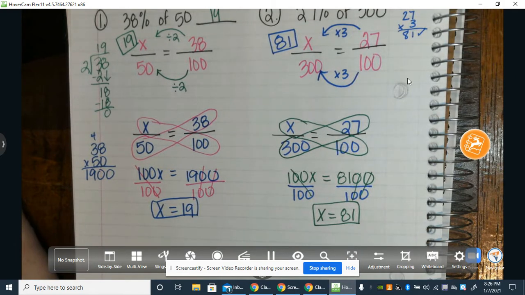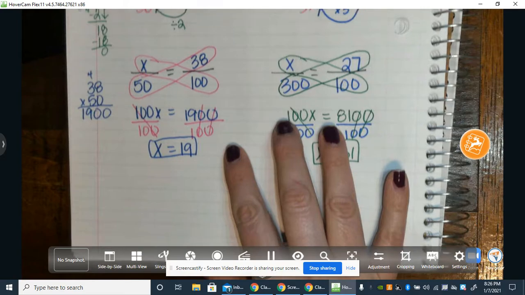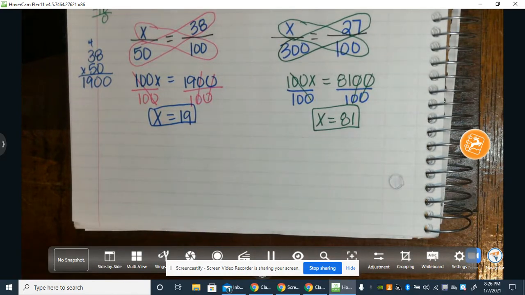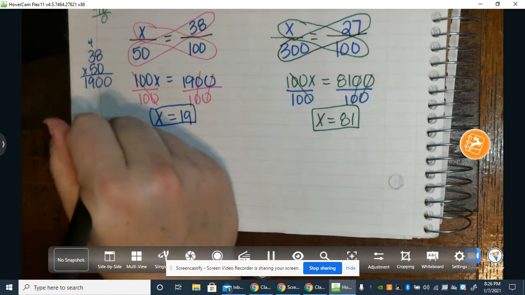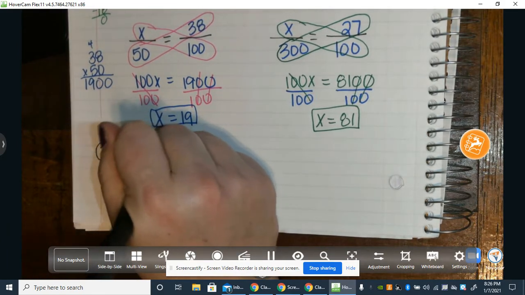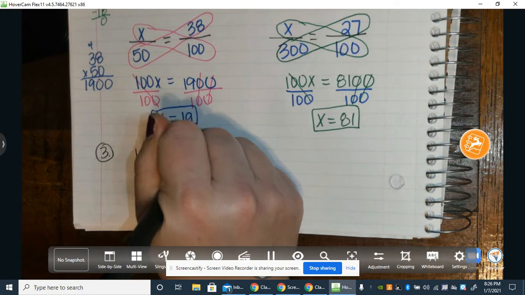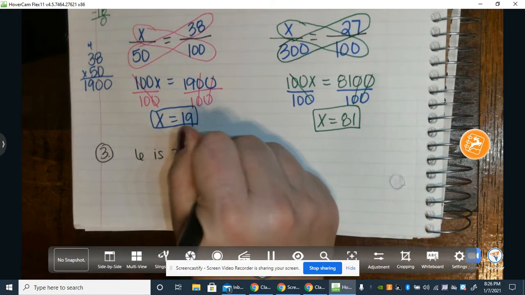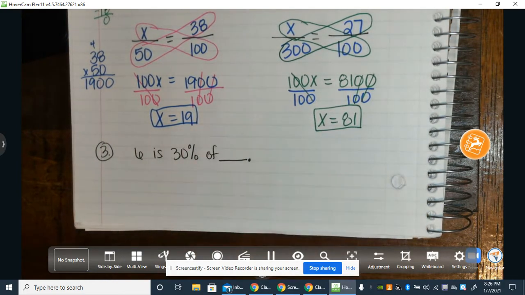Okay, and we're going to do one last question down here as an example. We're going to do 6, so this is going to be question number 3. 6 is 30% of what? Okay, 6 is 30% of what?